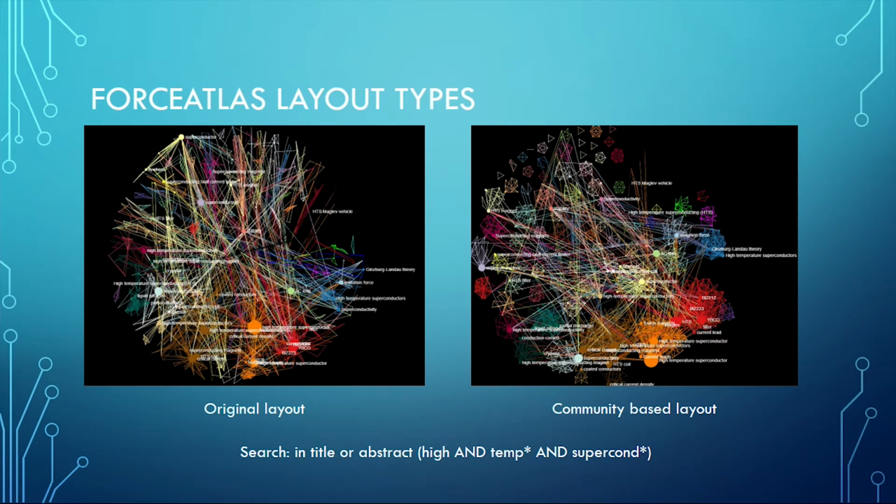So these layouts are very big, I know. In the original layout on the left, it is just running the original algorithm. On the right side, it is based on the communities, which means that ForceAtlas2 has been computed on all the communities, and then it was done on the whole graph.